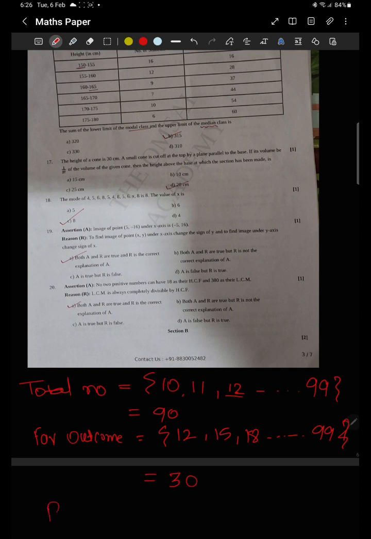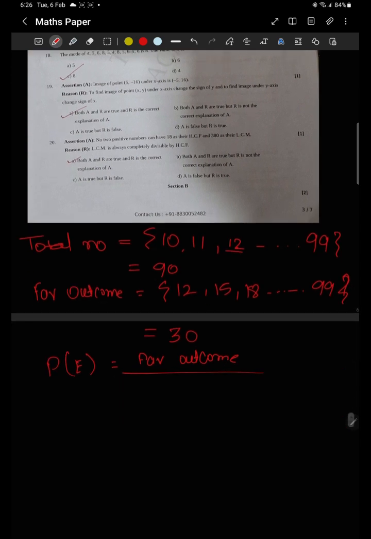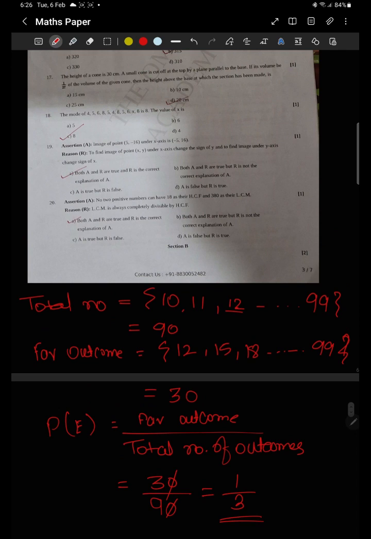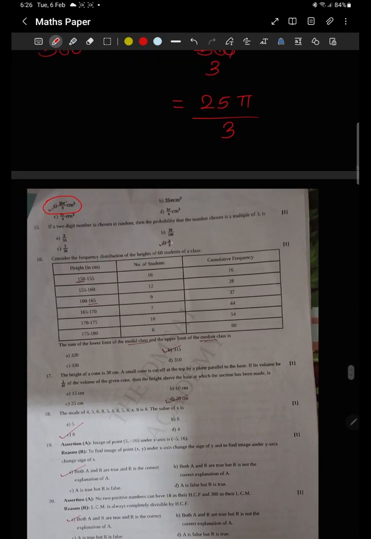Then probability is favorable outcomes upon total number of outcomes, which is 30 out of 90. 0 0 cancel, 3 ones are 3, 3 3s are 9. So 1 by 3 is the answer, which is option D.